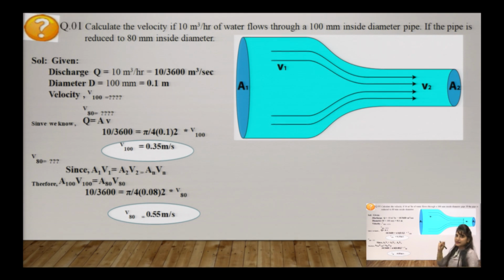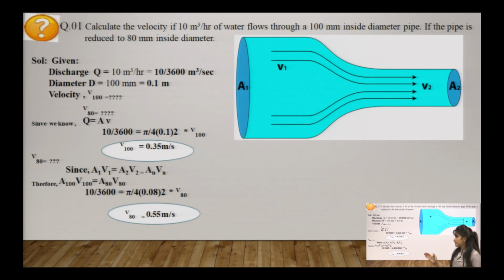You need to calculate the velocity. Also, if the pipe is reduced to 80 mm inside diameter, you need to calculate the velocity again, as the cross sectional area is reduced from 100 mm to 80 mm.